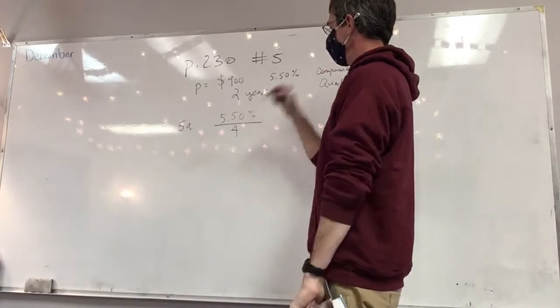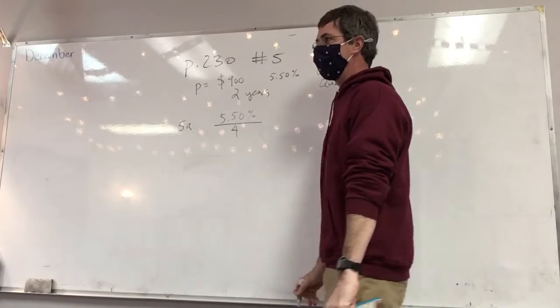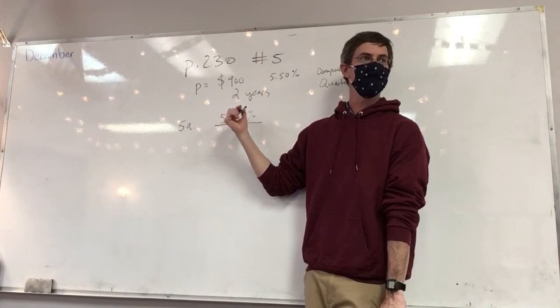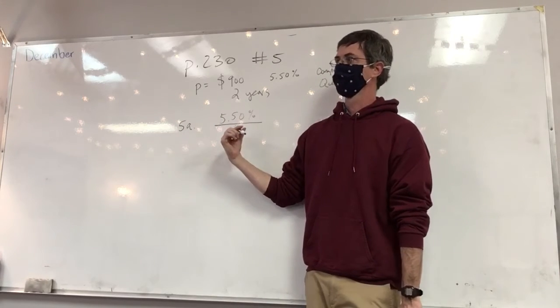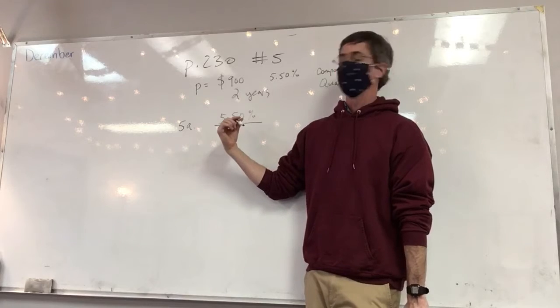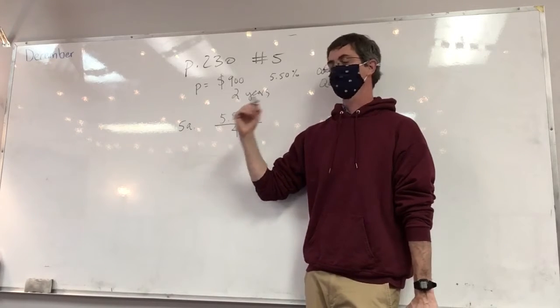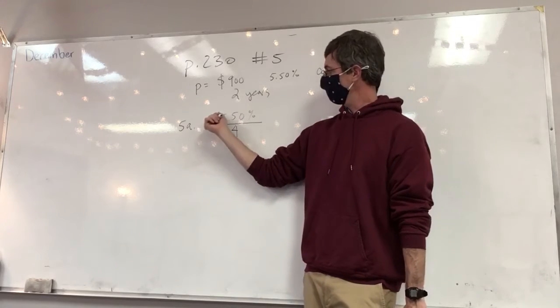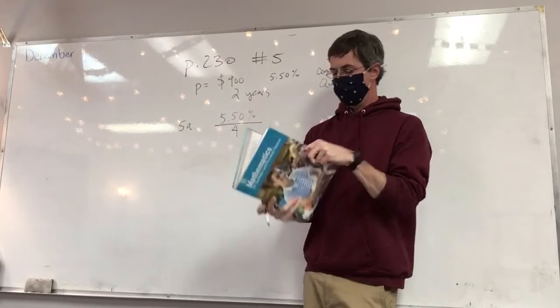Okay? The reason is periods per year. If it were annual, we would do 5.50 over 1. Right? But because we're doing it for just a fourth of a year, quarterly, we're doing the interest rate over a fourth of a year.